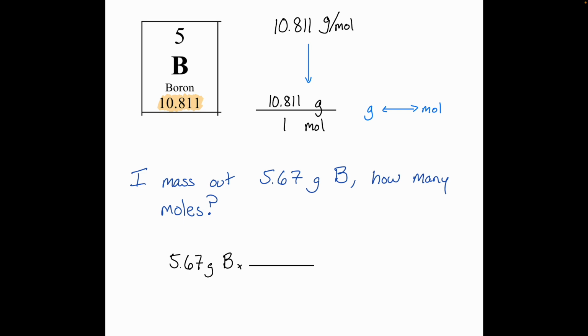I have my molar mass, 10.811 grams over 1 mole. Am I going to use it as is, or am I going to have to flip it? I need grams on the bottom, and my moles on top. So that 10.811 grams of boron, I'm going to divide by. That's going to get me in units of moles.